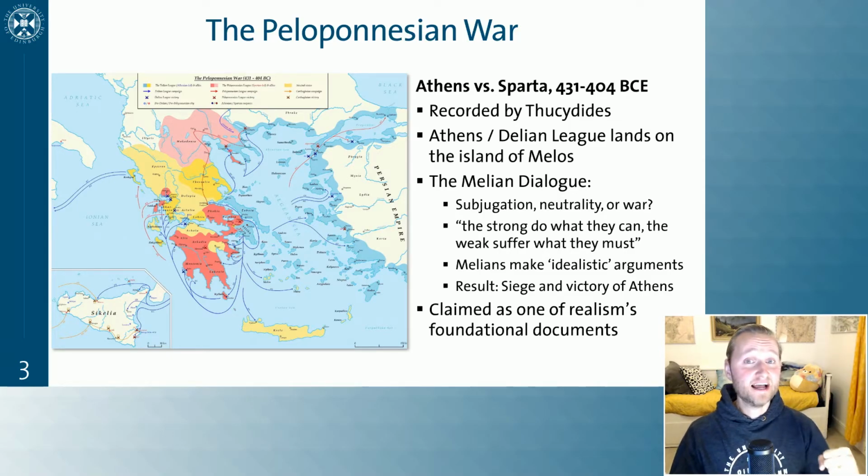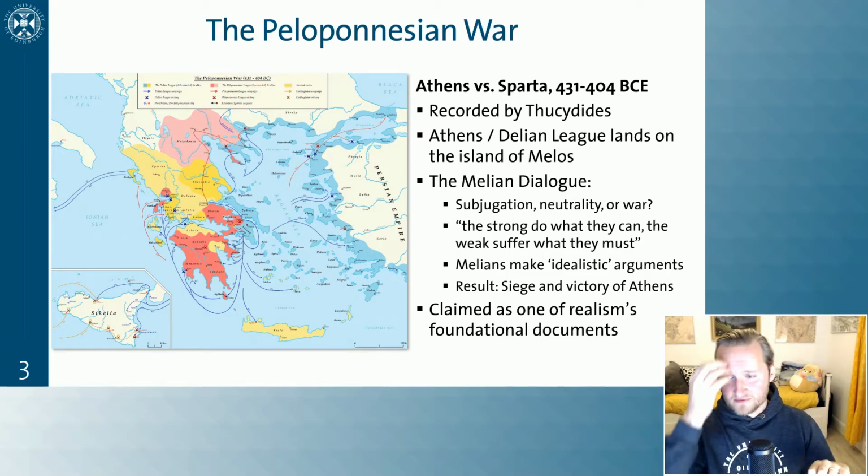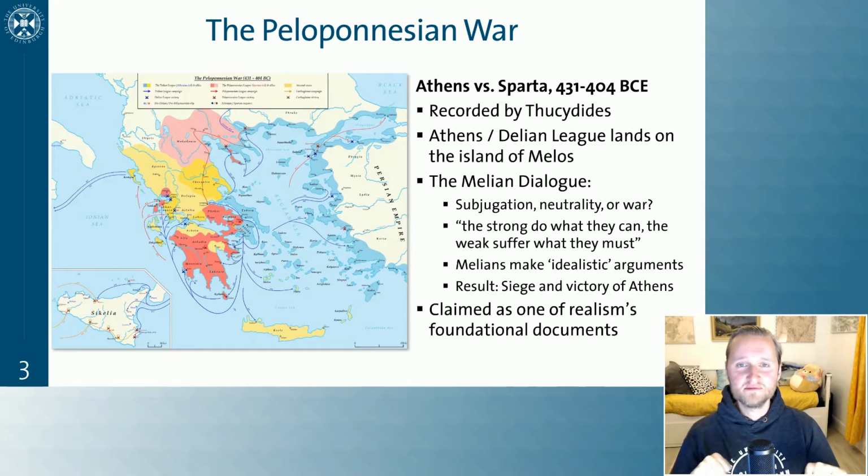Some might say that's exactly the lesson that Thucydides intended to convey. Maybe. We can't ask him anymore. But this is claimed as one of realism's foundational documents in that it shows, so realists say, a fundamental truth about the world. Words don't matter, friendliness doesn't matter, friendship doesn't matter. What really matters is how powerful you are and whether you're the strong one or the weak one.